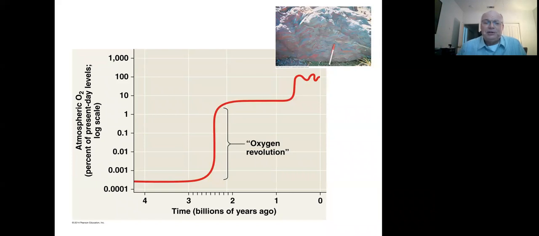But the significance of this is that while we see the increase of oxygen and the precipitation of the iron, very little of that oxygen at this point is available outside of the water because it's going to combine with iron.